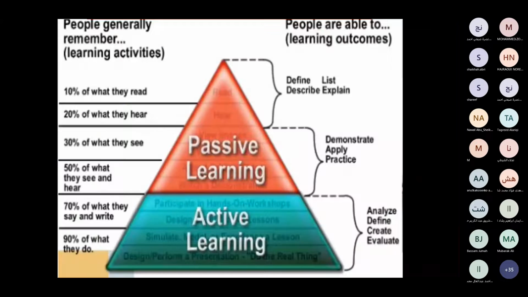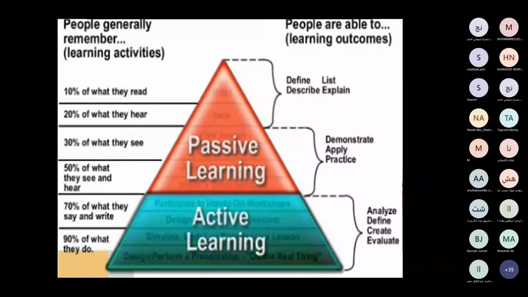Now we have two kinds of learning, passive learning and active learning. In passive learning, students learn 10% of what they read, 20% of what they hear, 30% of what they see, and 50% of what they see and hear.